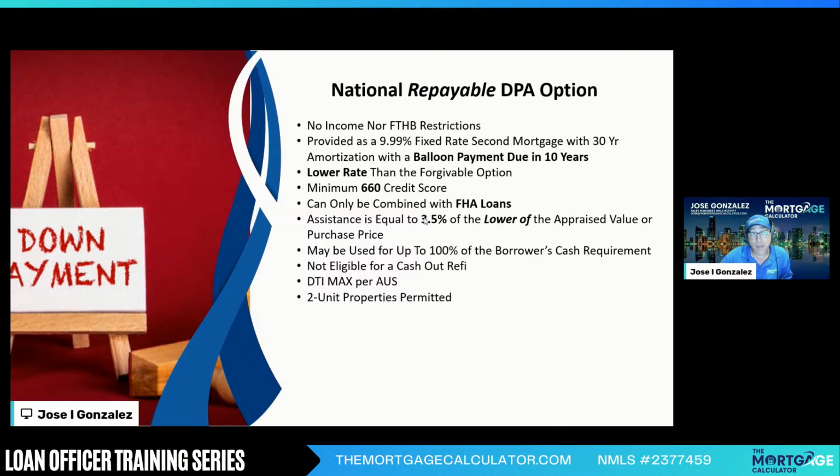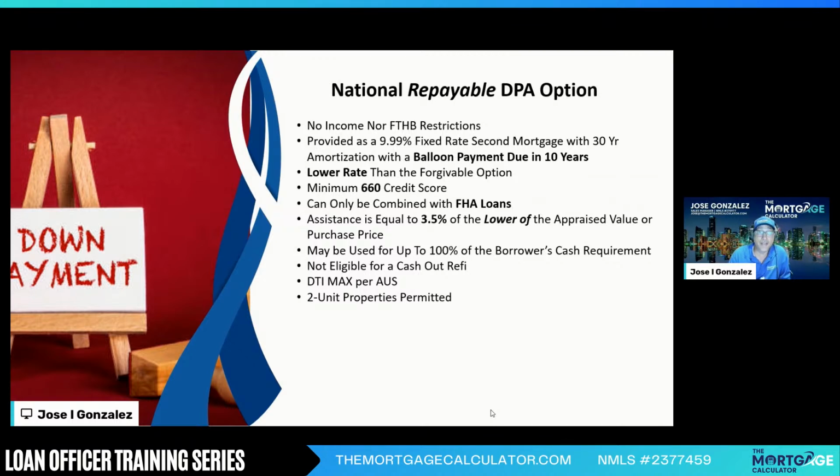The repayable option is a minimum 660 credit score, and it can only be combined with FHA loans. For whatever reason, that's in their guidelines, you cannot combine the repayable option with a USDA, only FHA. And it again may be used.